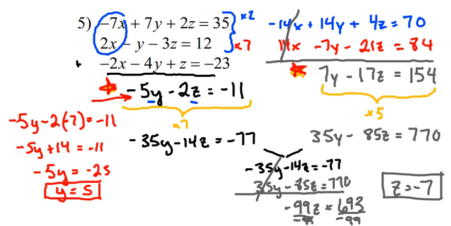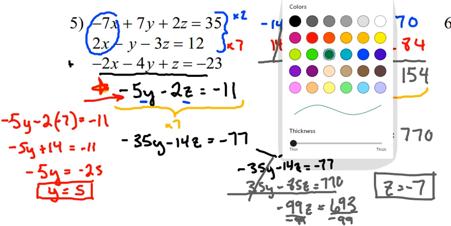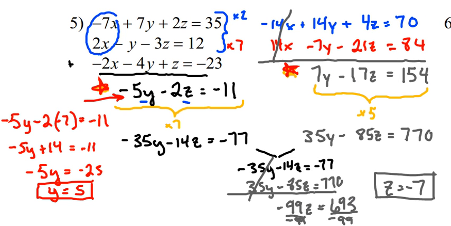Okay, so we're almost done, which is good because we are extremely close to being out of space. And we just have to find x. I'm going to use this equation right here to find x. It says negative 2x minus 4y, y is 5, plus z, which is negative 7, equals negative 23.